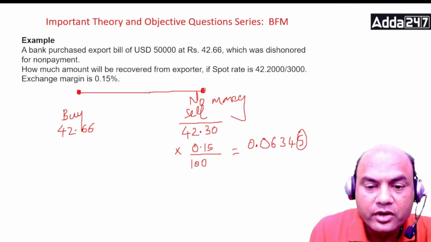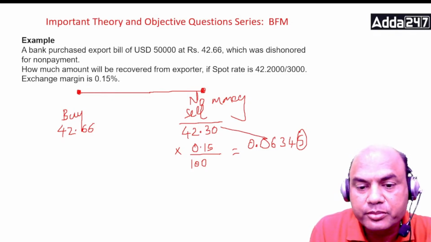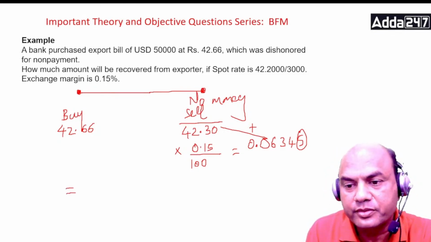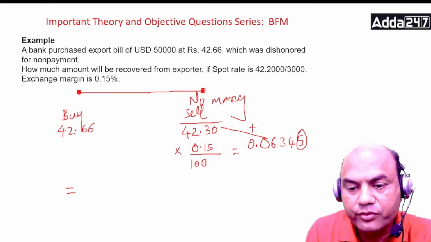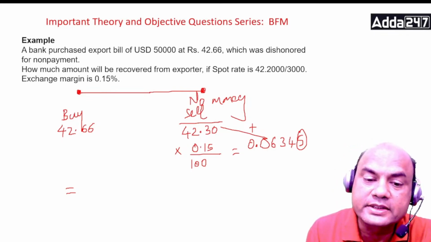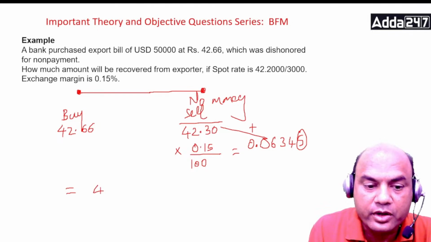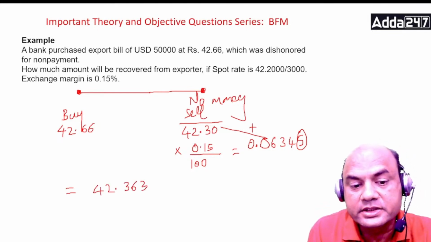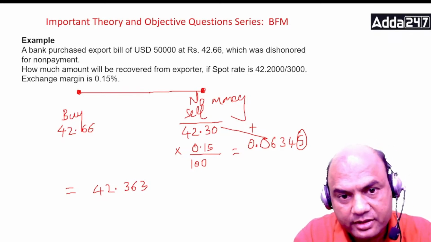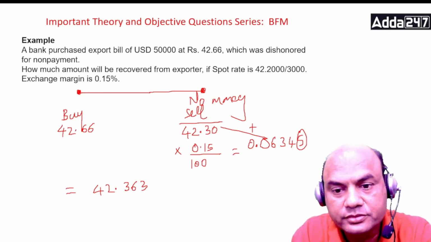Add these two: 42.30 plus 0.063, so 42.363. So your answer will be 42.363. Okay, this is your final answer. Got it? Clear? Next one. Okay with this?